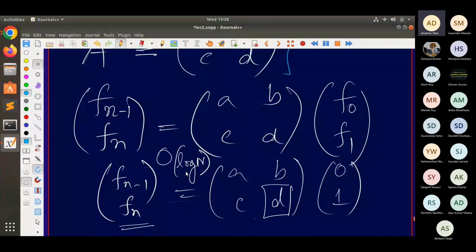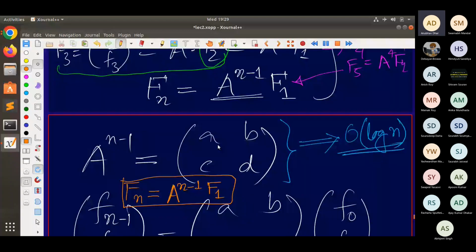Now when you have this, you simply write down f of n is equal to A power n minus 1 times f of 1, right? This is the formula that we started with. Well, we didn't start with, we arrived at over here. So now you just write the expanded form of this over here.